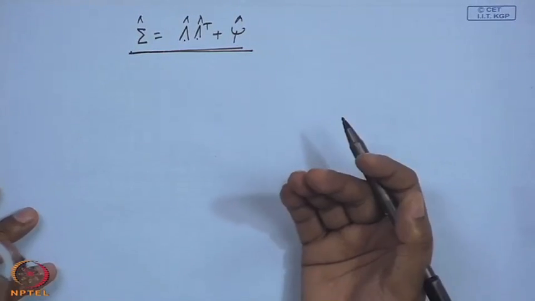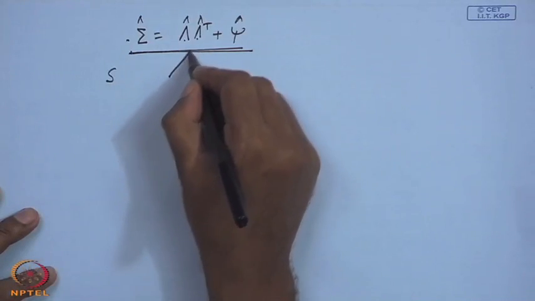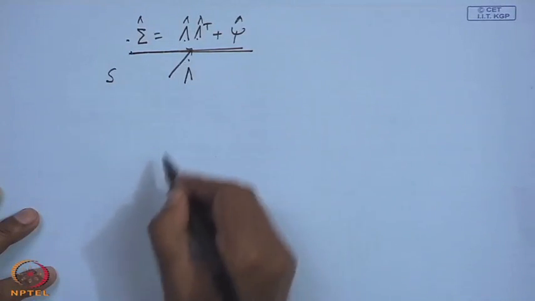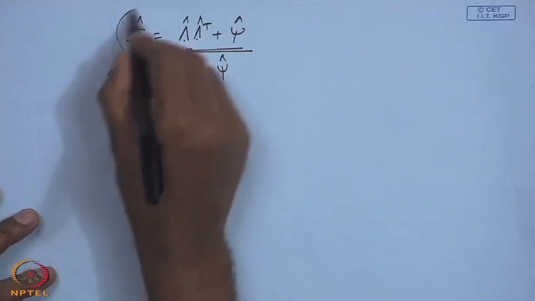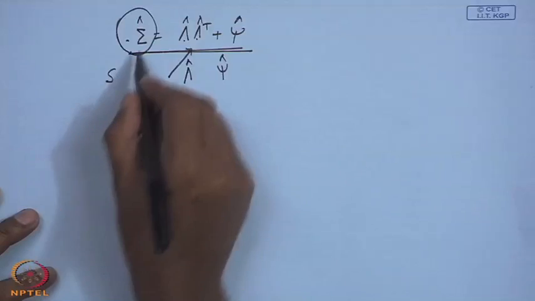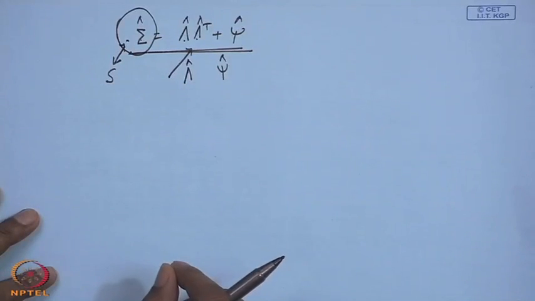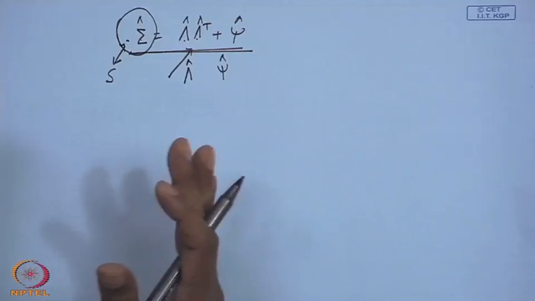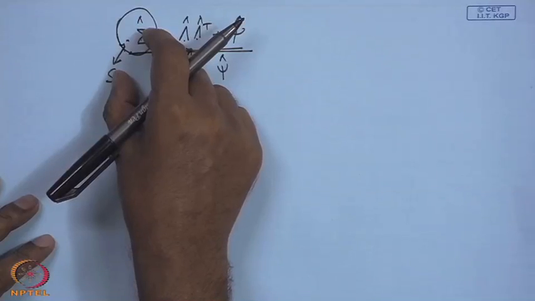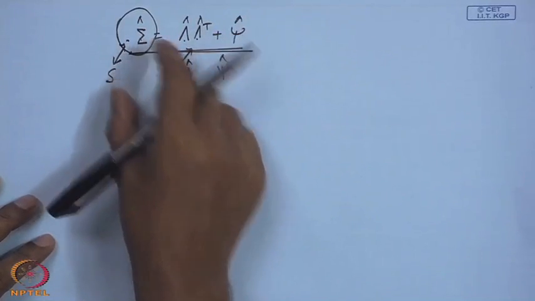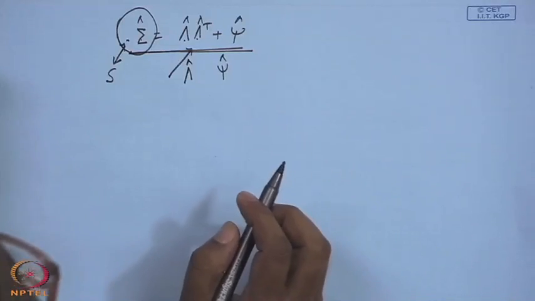We do not know sigma, we know S only. So we initialize values for lambda cap and psi cap, and then we find out this value. Then we compare this value with S, individual elements of the matrices, and we find a situation where the difference between elements of these two matrices is as small as possible within a certain threshold limit.